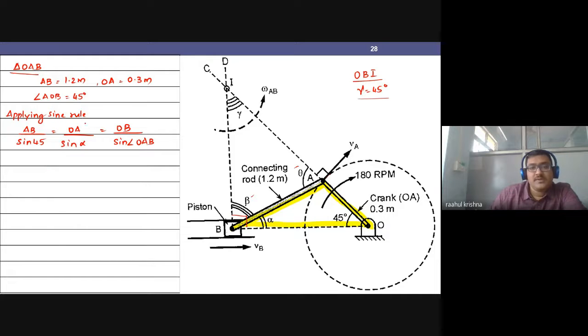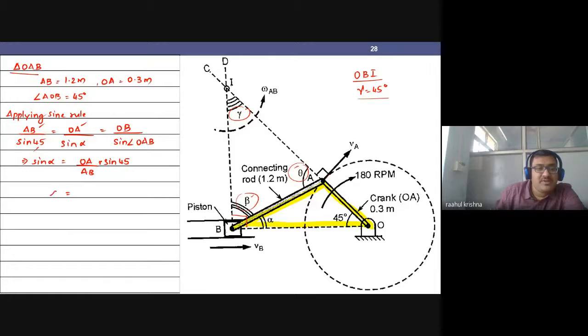Because I already know gamma, I have to find either beta or theta. The other angle will be 180 minus the sum of the other two. To get beta, I'll have to get alpha first. I know AB, OA, and 45 degrees, so sine alpha equals OA divided by AB into sine 45.